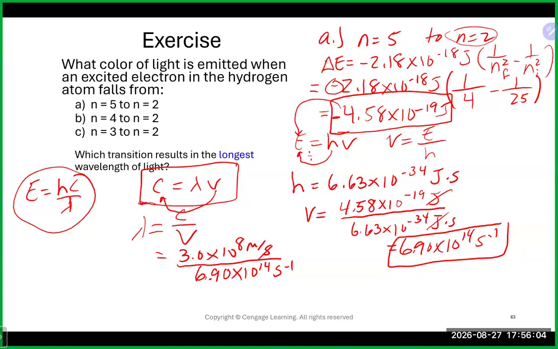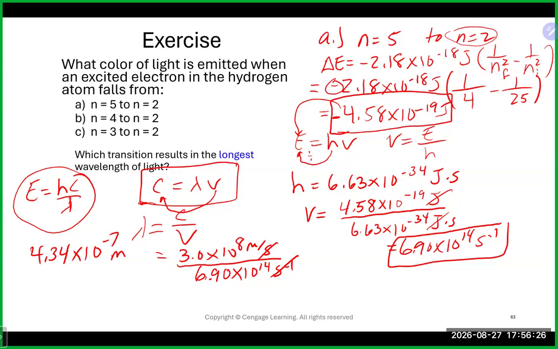In this particular case, our seconds will actually cancel each other out, and we will end up with 4.34 times 10 to the minus 7 meters. I counted that right. 1, 2, 3, 4, 5, 6, 7.